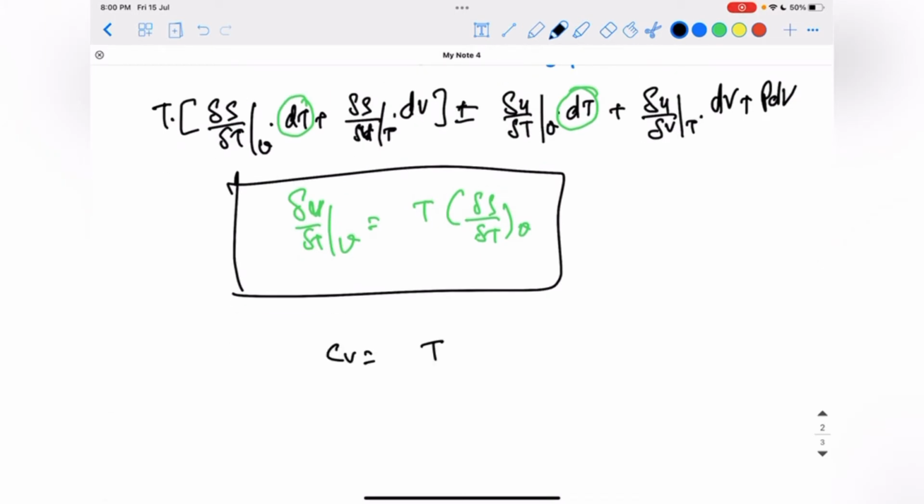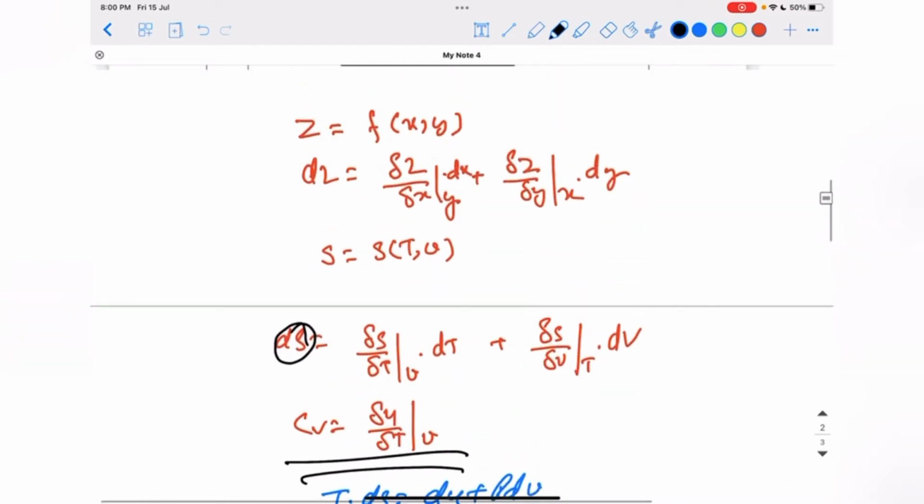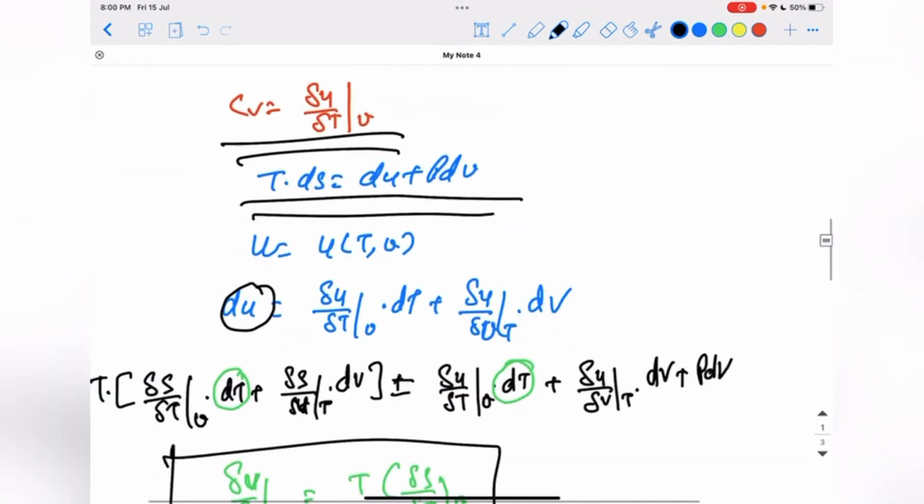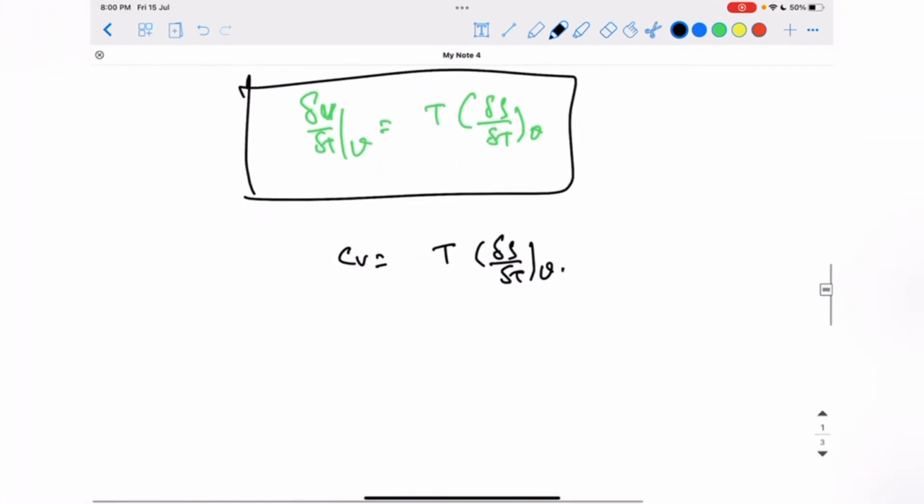So I can write Cv is equal to T ∂S/∂T at constant V. Now we have to find ∂Cv/∂V at constant T.